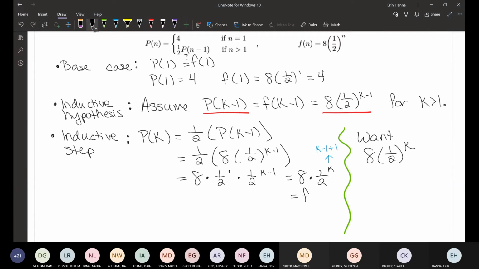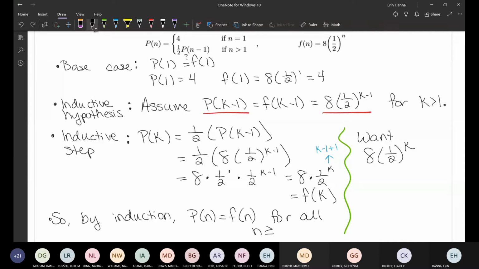So this was just to remind us that we've made it. That is f of k. So we're done! By induction! This is true for all n greater than or equal to 1. So, by induction, p of n equals f of n for all n greater than or equal to 1.